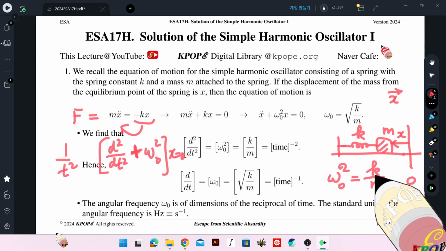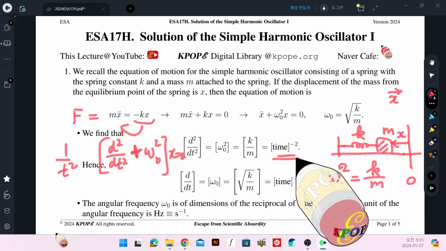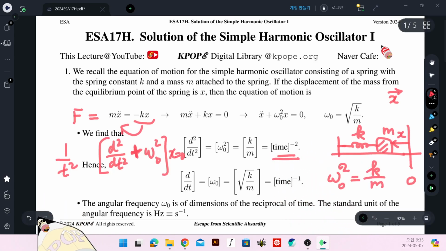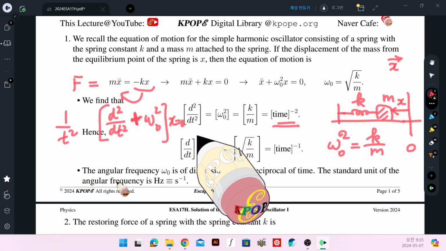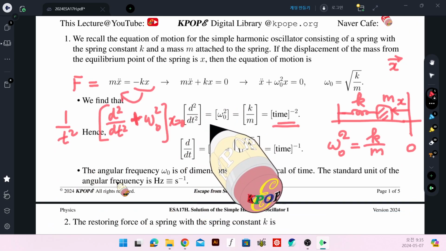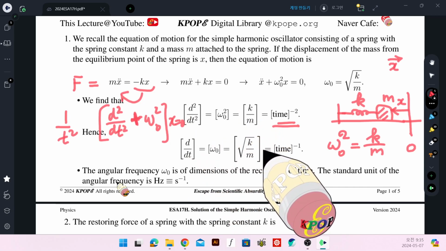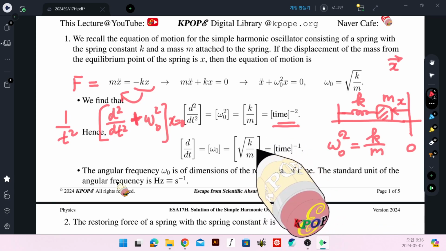Because it is defined to be k over m, we have the dimensions of time to the minus 2. Hence, the single time derivative is of the same dimensions as omega 0, that is, the square root of k over m.